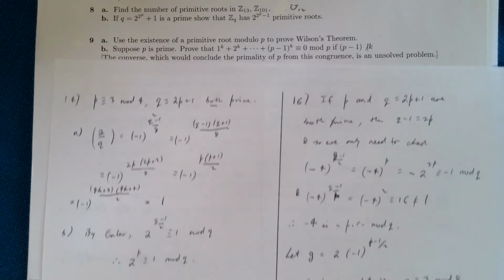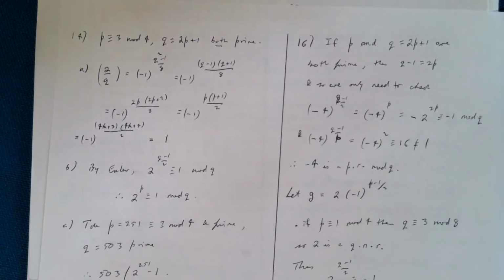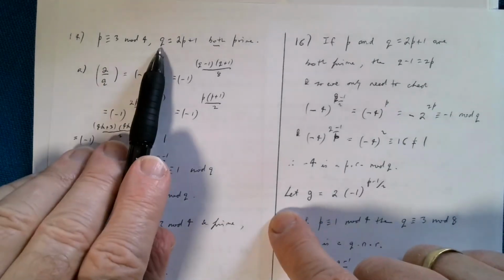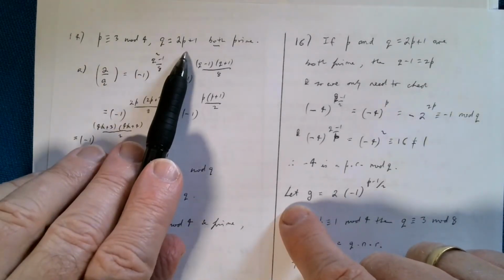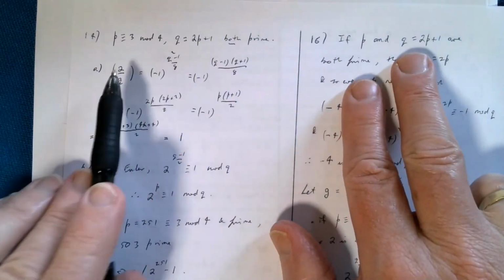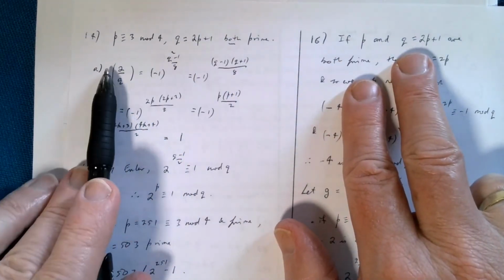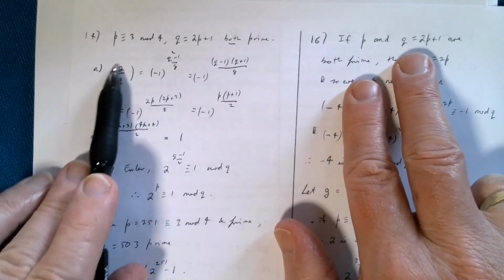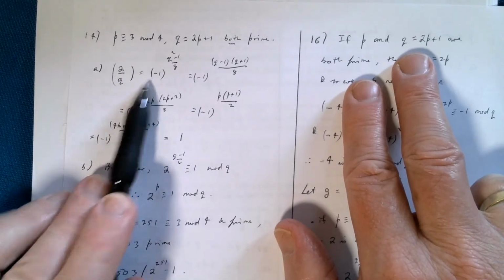So here is the worked solution. So we're given the information p is 3 mod 4, and q is 2p plus 1, which are both prime. So we're looking at (2 over q). We use our special formula for (2 over q), which is minus 1 to the (q squared minus 1) over 8.